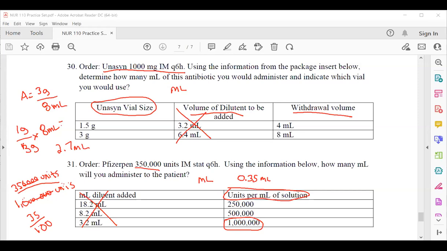So if your answer was 3, you don't need to write 3.0. In fact, they tell you not to do that. No lagging zeros if they're not necessary. But if it's a number less than 1, round to the nearest 100th place. And so in this instance, there's no rounding required.